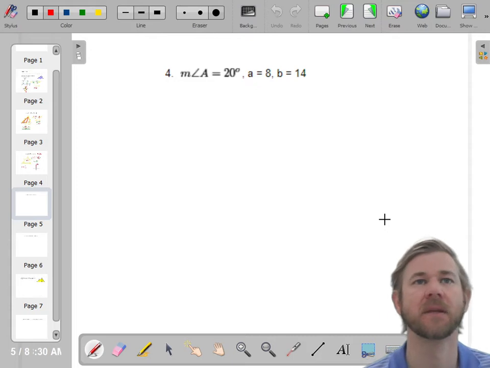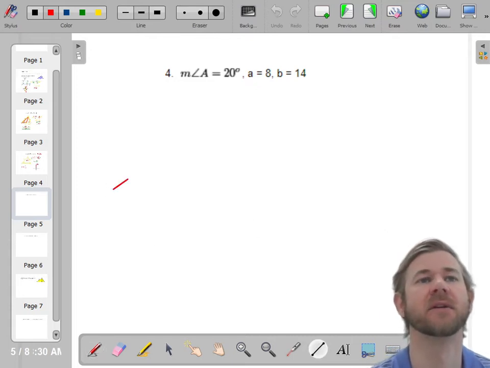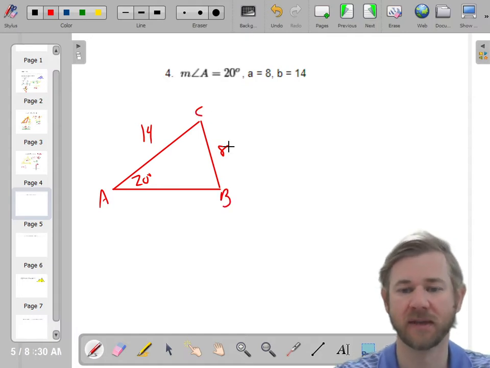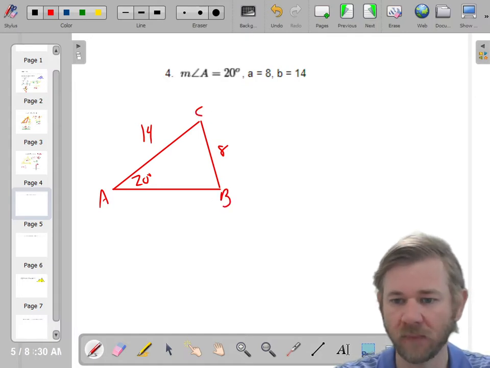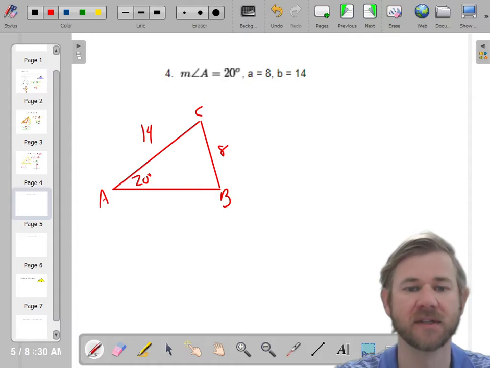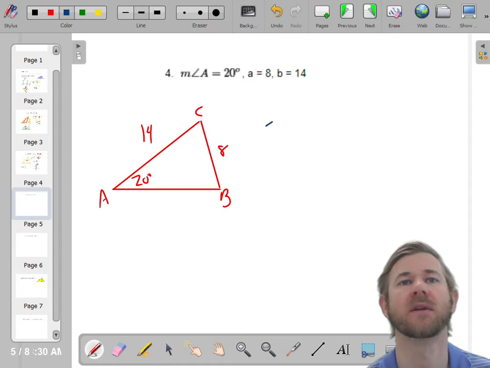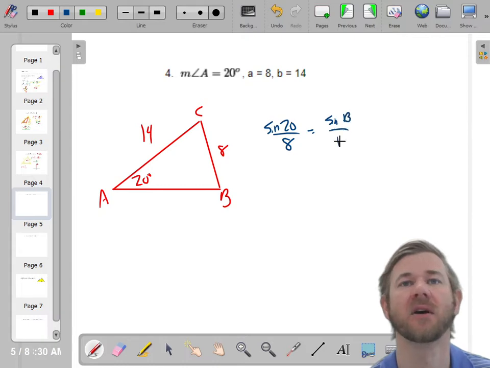Let's try another one. This one says angle A is 20 degrees, so we'll draw a triangle, kind of the same we always do. Little a is 8, b is 14, and we'll say A, B, C. So we're doing the same thing. The sine of 20 degrees over 8 is the sine of angle B over 14.